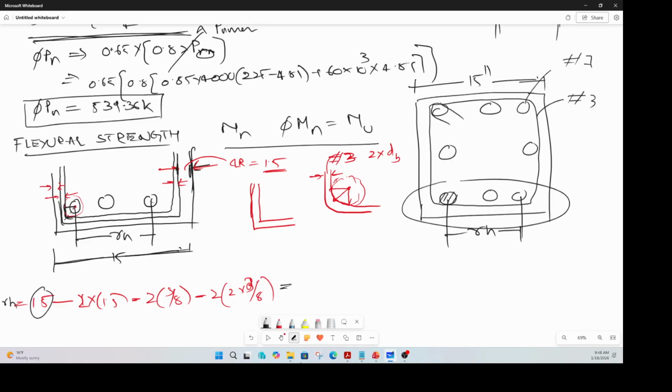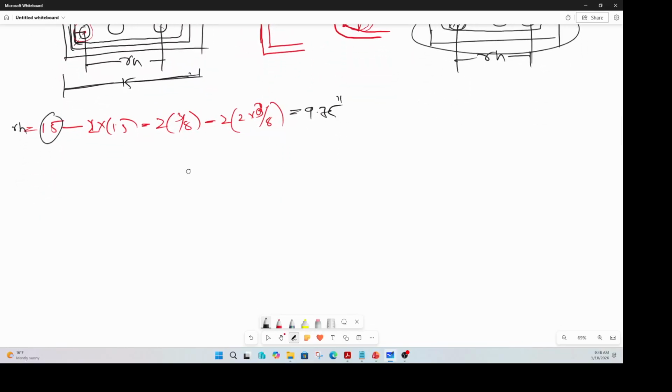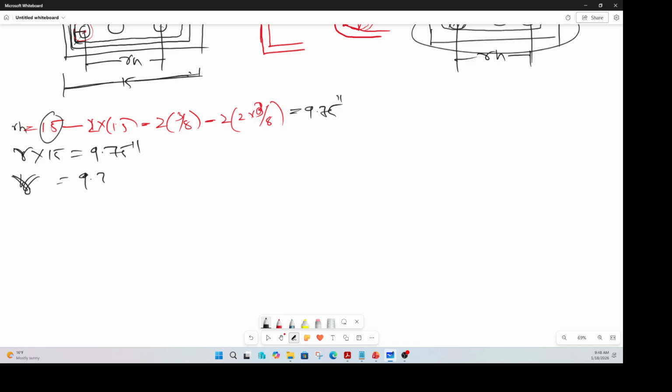If you do this, you will end up with 9.75 inches. So your gamma times h, which is 15, is 9.75 inches. That means your gamma value is 9.75 by 15, roughly 0.65.